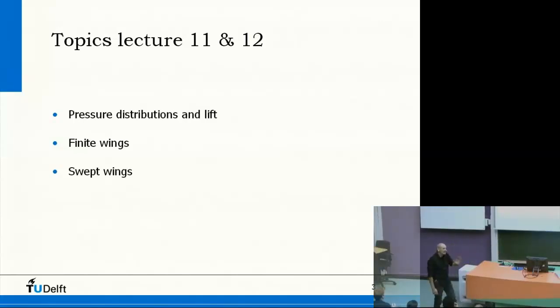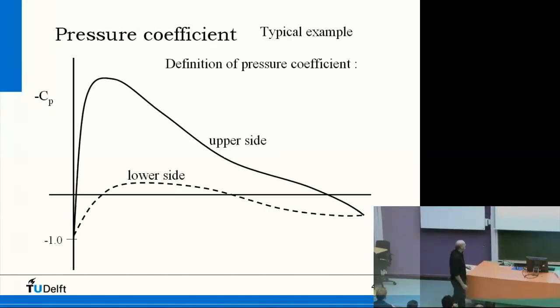just to quickly go through this one more time to be sure that you also understand what we're talking about. The typical example of a pressure distribution, CP. In general, we do not put CP minus, but CP, and then negative is up, so that you see here 1. Generally you would see -4, -6, and so on, and here you would see 1.